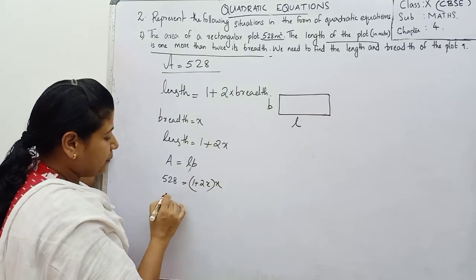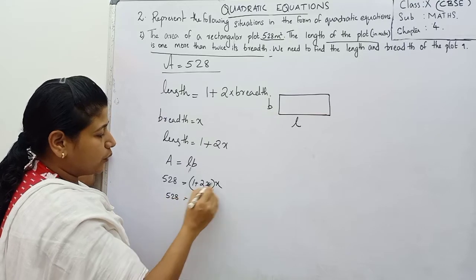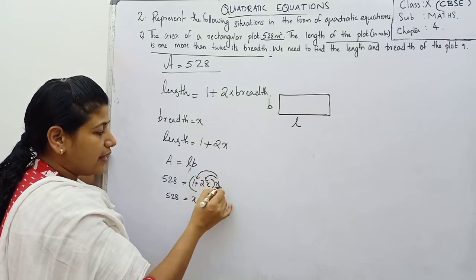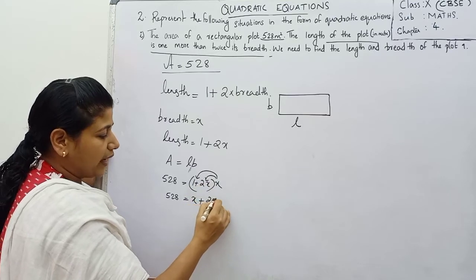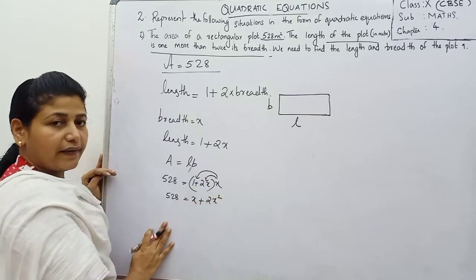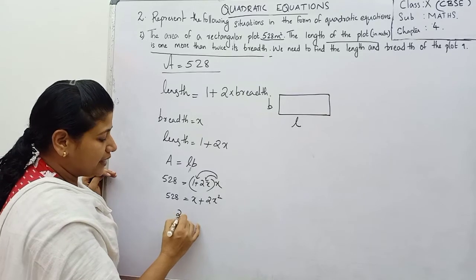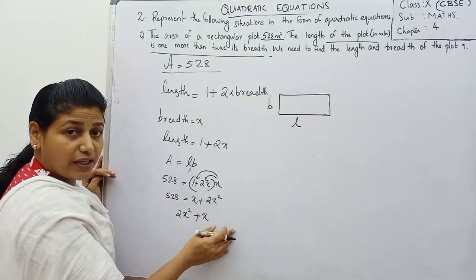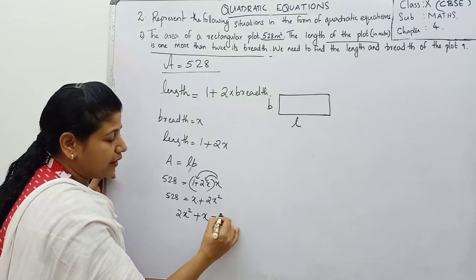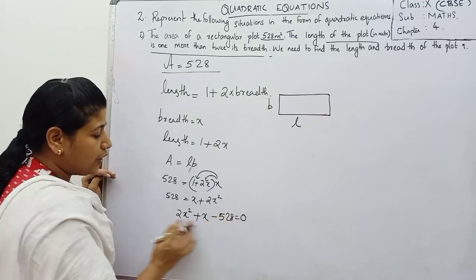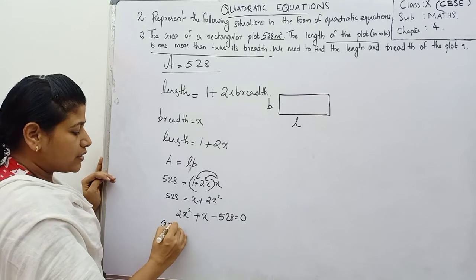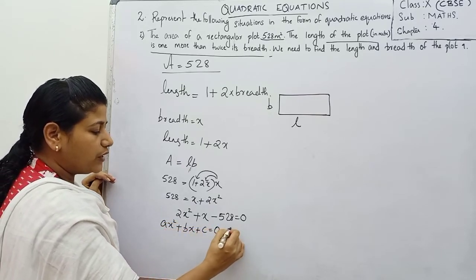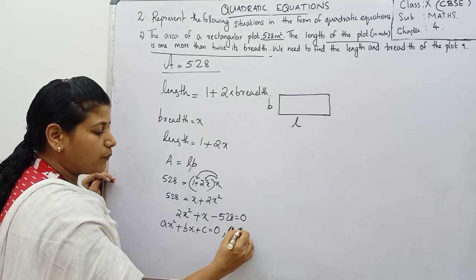We can multiply: 528 equals x into 1 is x, and x into 2x is plus 2x square. We can take this 528 to that side. You will get 2x square plus x minus 528 equal to 0. So this is of the form ax square plus bx plus c equal to 0, where a is not equal to 0.